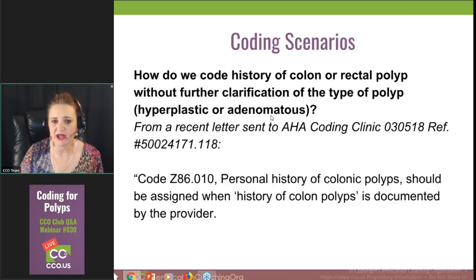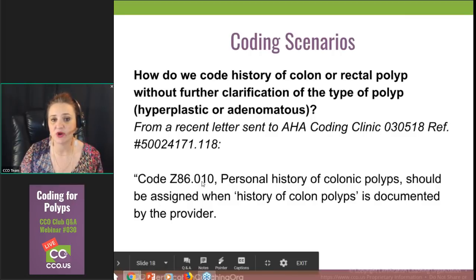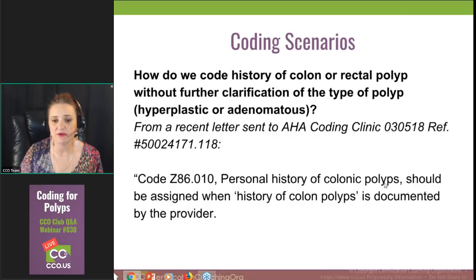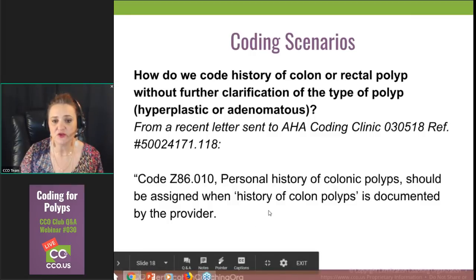Okay, and adenomatous, I'm just going to quit saying it. And she used a Coding Clinic, which is great. And they're saying, hey, it would be Z86.010, history of colon polyps, assigned if you had the documentation by the provider of a history of colon polyps. This is the code right here that you would use.